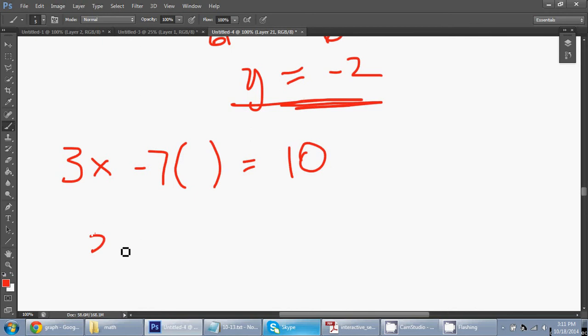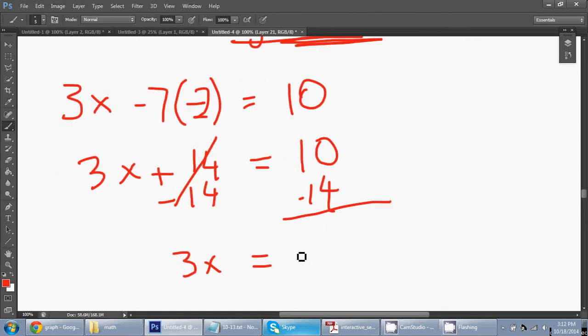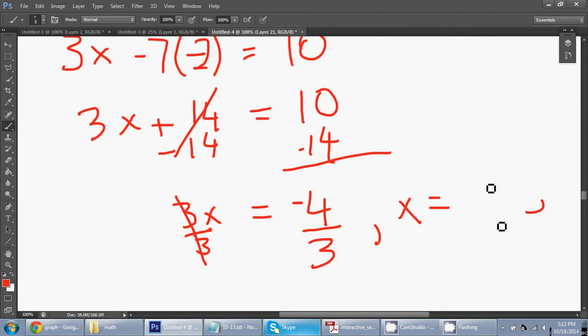And then I get 3x plus 14 is equal to 10. And then you subtract the 14 from both sides. And then I get 3x is equal to negative 4. And then divide by 3. And then I get the answer, x is equal to negative 4/3.